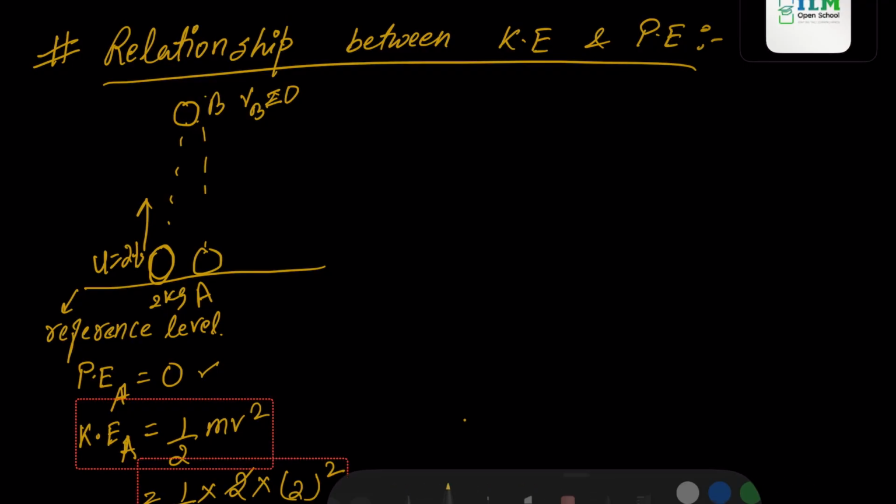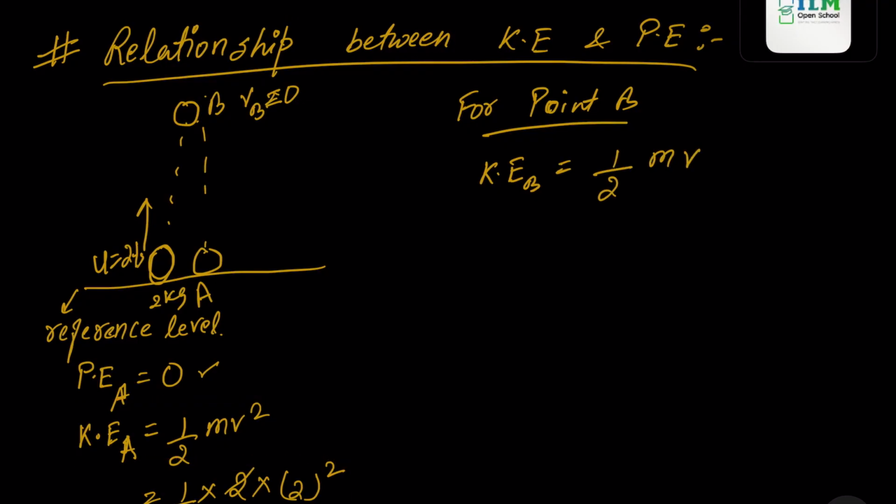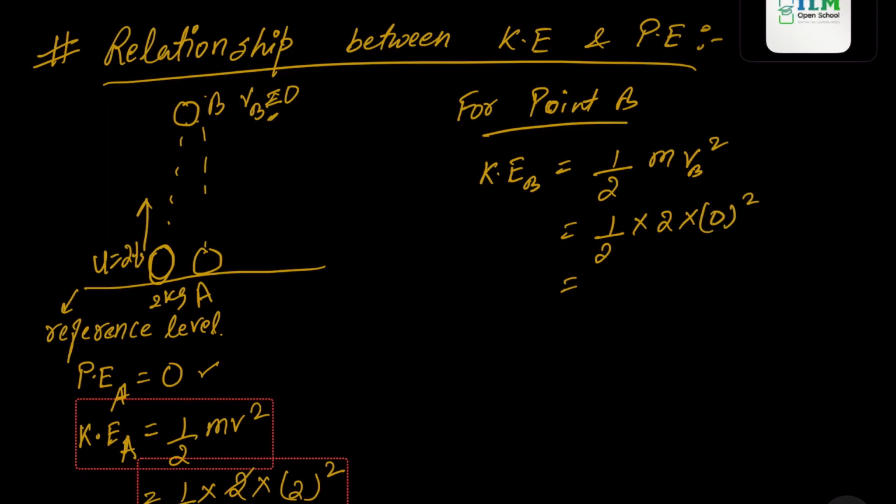It's just naming. So for point B, kinetic energy is half m vB square. Now you can see that here velocity is 0, and anything multiplied by 0 is 0. So kinetic energy here is 0.